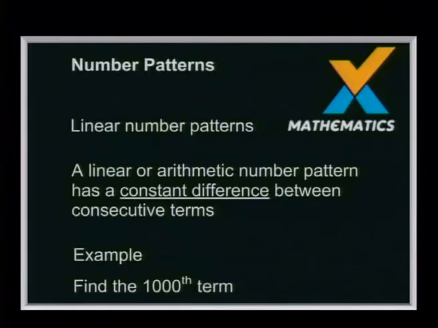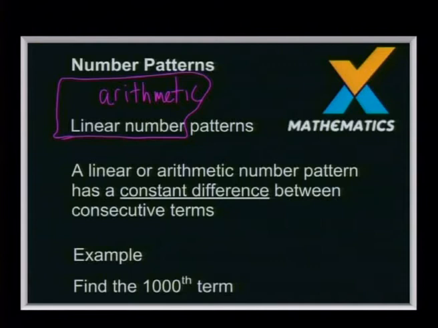Now, linear number patterns are also called arithmetic number patterns. So just remember that bit of vocab. Those 2 things are exactly the same thing. And how you identify a linear or an arithmetic number pattern is that from one term to the next, there is a constant difference.